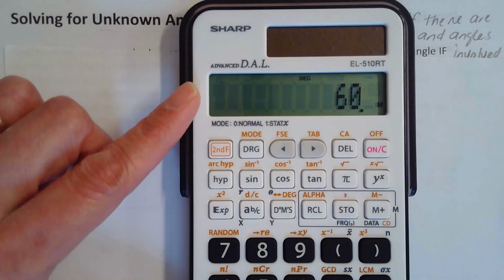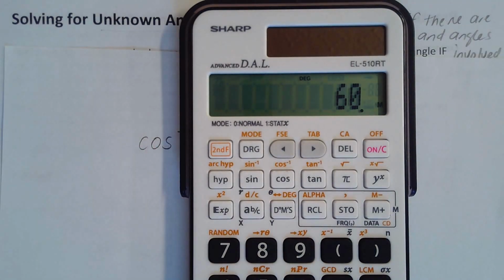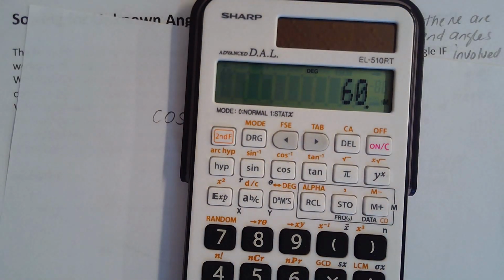Okay, did everybody get 60? Now, some calculators, I know 2 of our students here have a calculator that's slightly backwards.